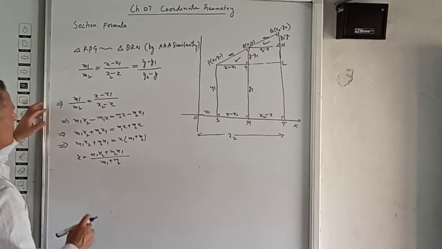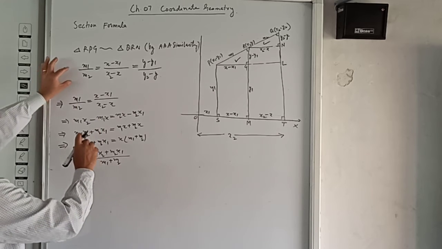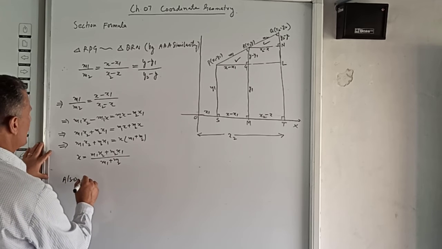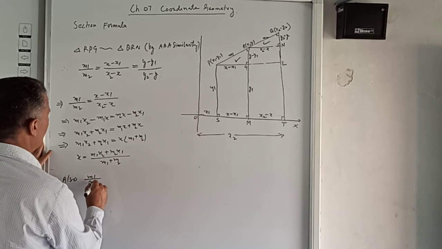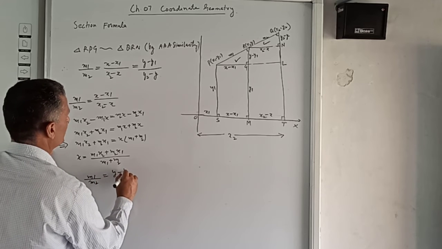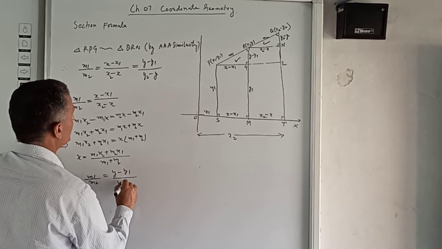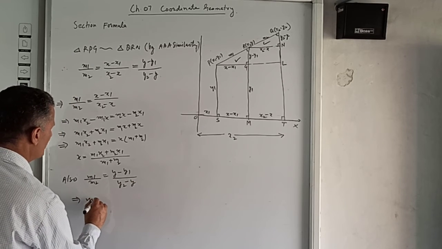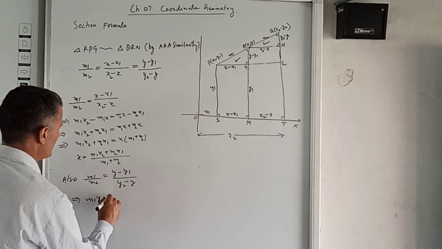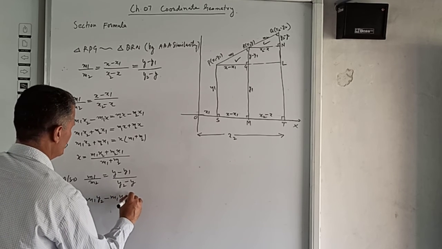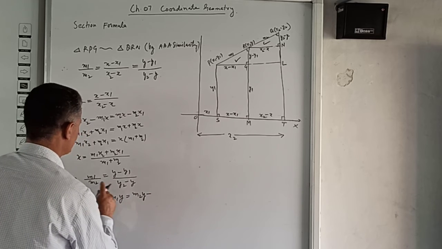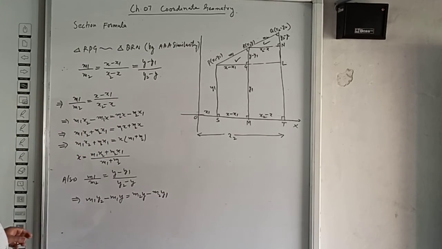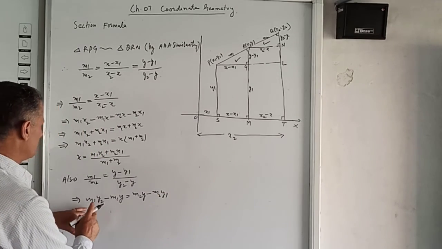So we will find the y coordinate. Equate this with this y factor. So it is also m1 by m2 equal to y minus y1 divided by y2 minus y. By cross multiplication, it is m1 y2 minus m1y equal to m2y minus m2 into y1. What is the y factor here?